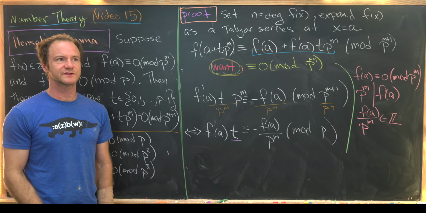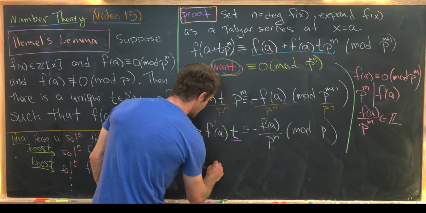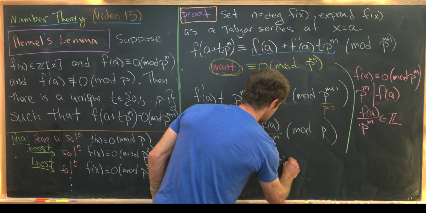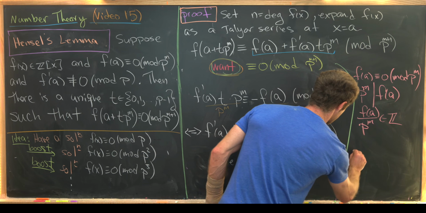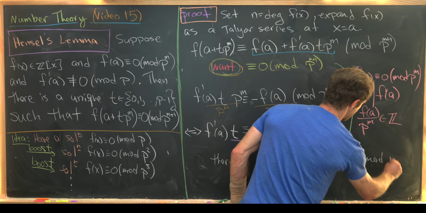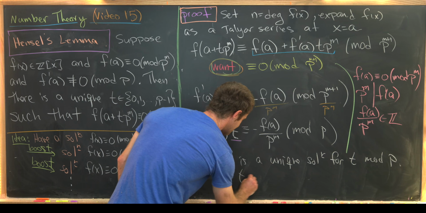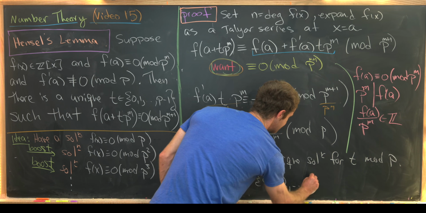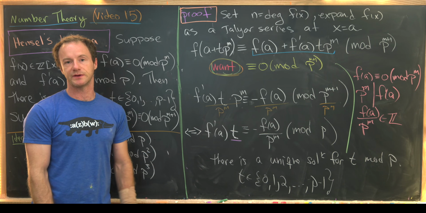So by some previous work involving solving linear congruences, we know there is a unique solution for t mod p. Okay, but that means that solution can be represented from 0, 1, 2 to p minus 1, because those are all the residue classes modulo p.